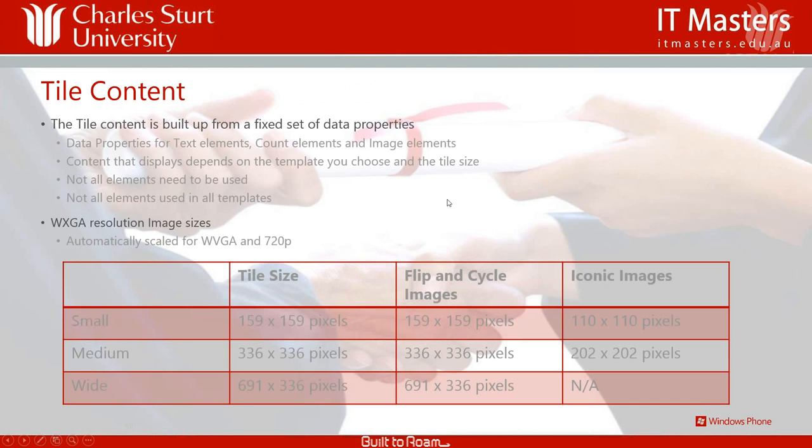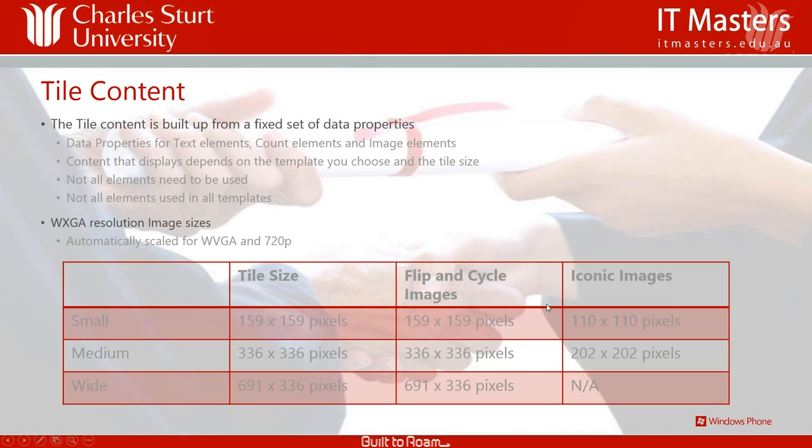The content for the tiles has actually changed slightly. Rather than a tile size of 173 by 173, which is the default template for 7.1, we now have a standard tile size of 336 by 336. This is really to handle those high definition displays, and obviously it's scaled down on the low resolution devices. We've also got small and wide tile formats that we're going to have to cater for.